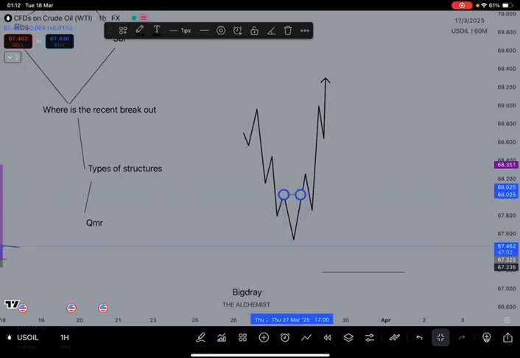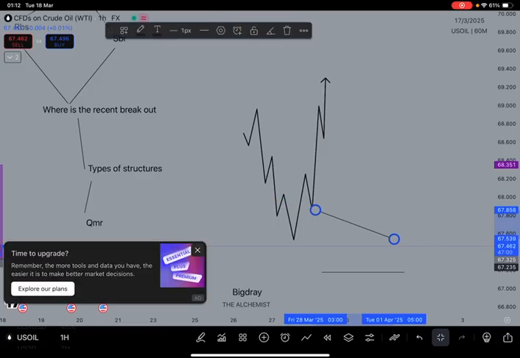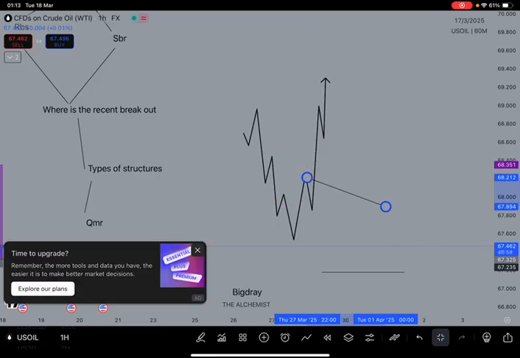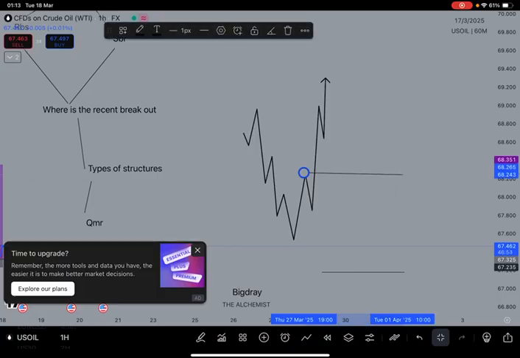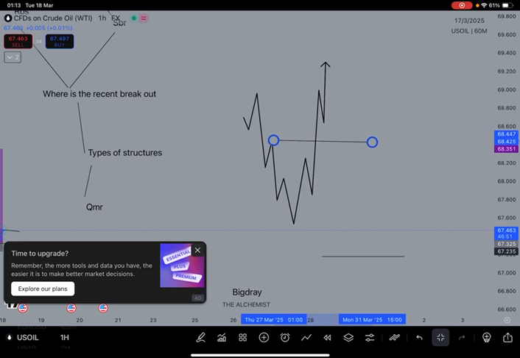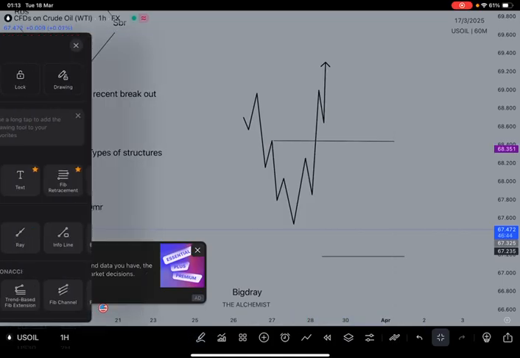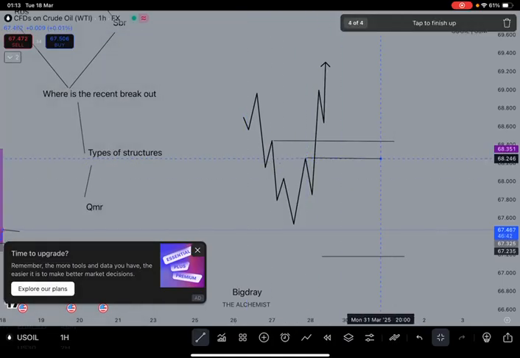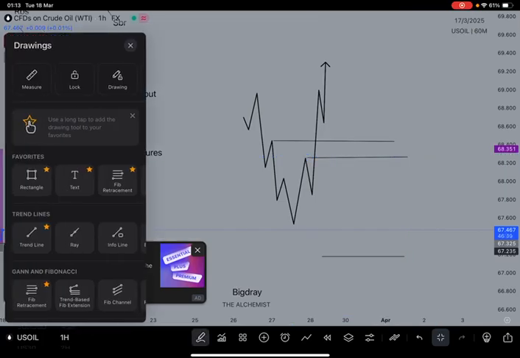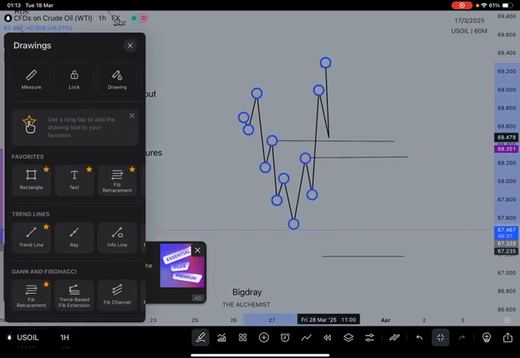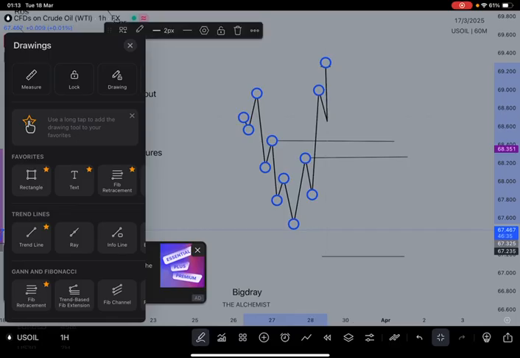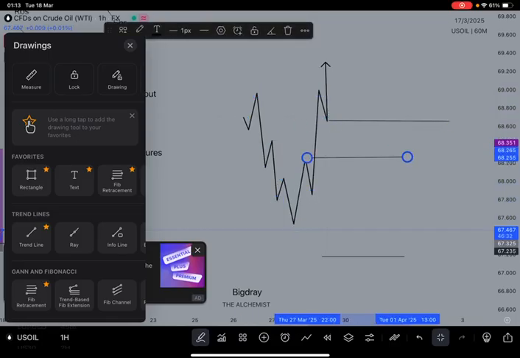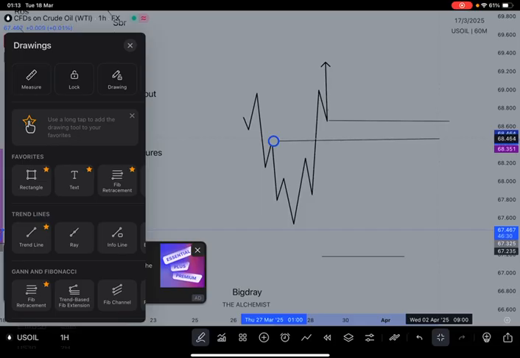After changing character, there's a pullback here, and there's a new change of character here. If you look at it very well from lower time frame, there's also a break of structure here. So right now you are having 2 entries, which is this RBS and this RBS. You can see why? Because the market has not touched the RBS. So you mark the market as your liquidity, and you mark here as your entry, and you take it sniper.